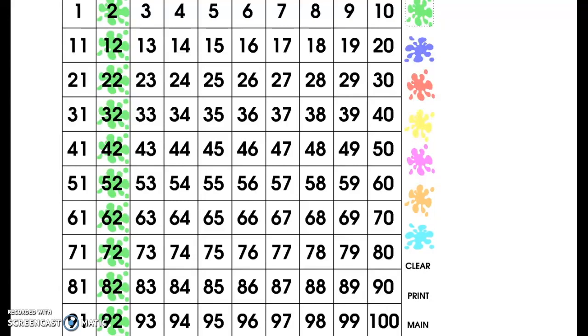So I've got this column here done, and I see that all the numbers have 2s in the ones place. So if I went to the next, all the ones are 4s.